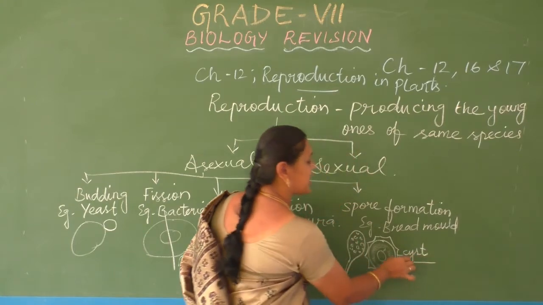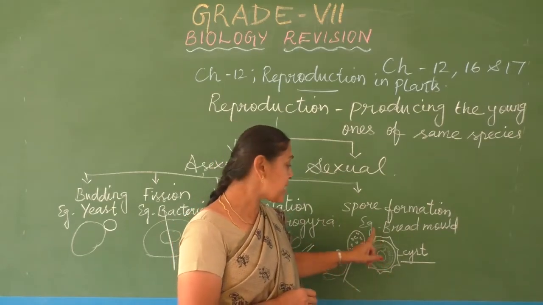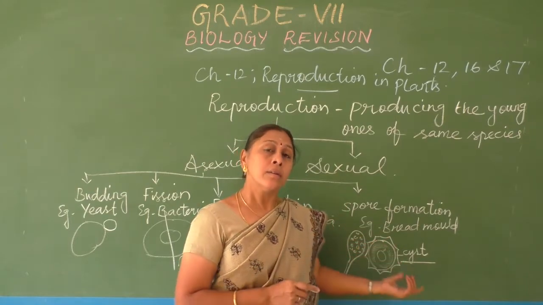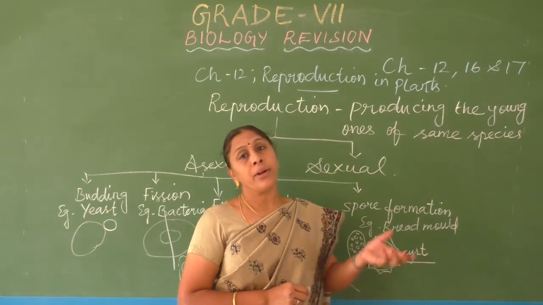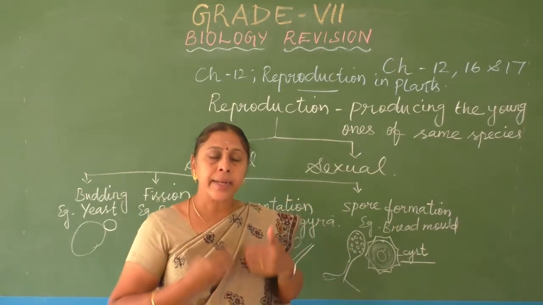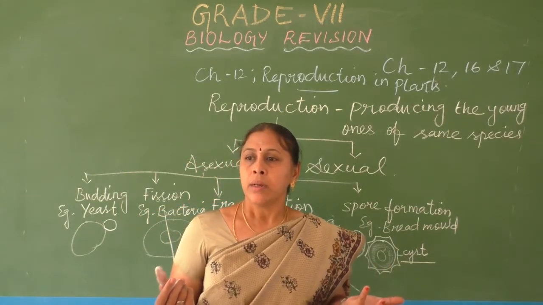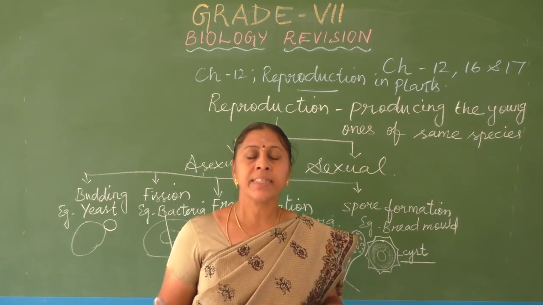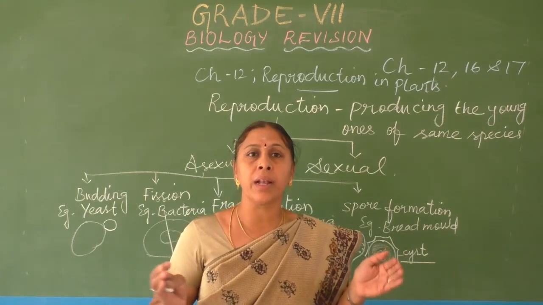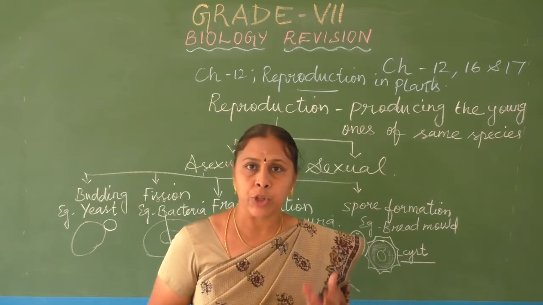This cyst is nothing but a hard protective covering for the spore. Spore is a single cell. It will be protected by a hard covering called cyst, and when it receives favorable conditions, that means when it gets enough sunlight, water, air, everything which is needed for life, the cyst will be broken and it will develop into a new individual.